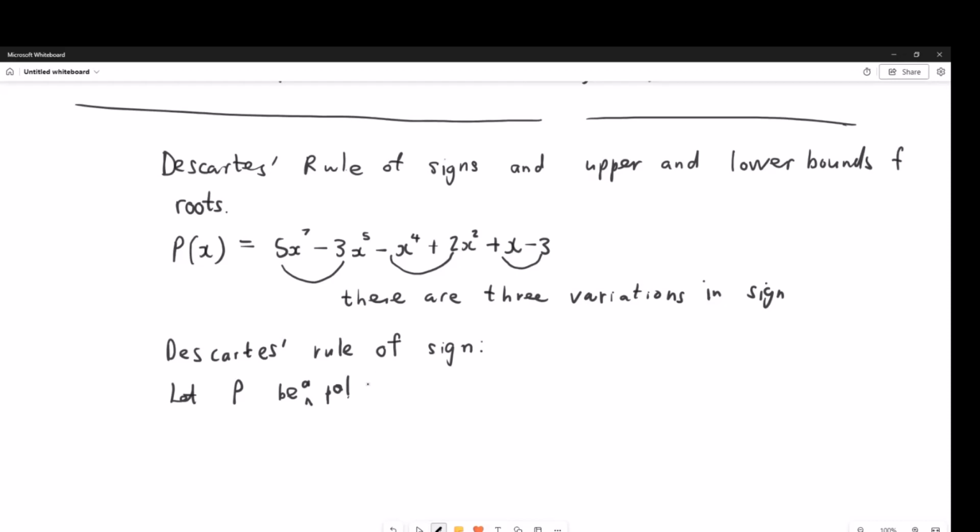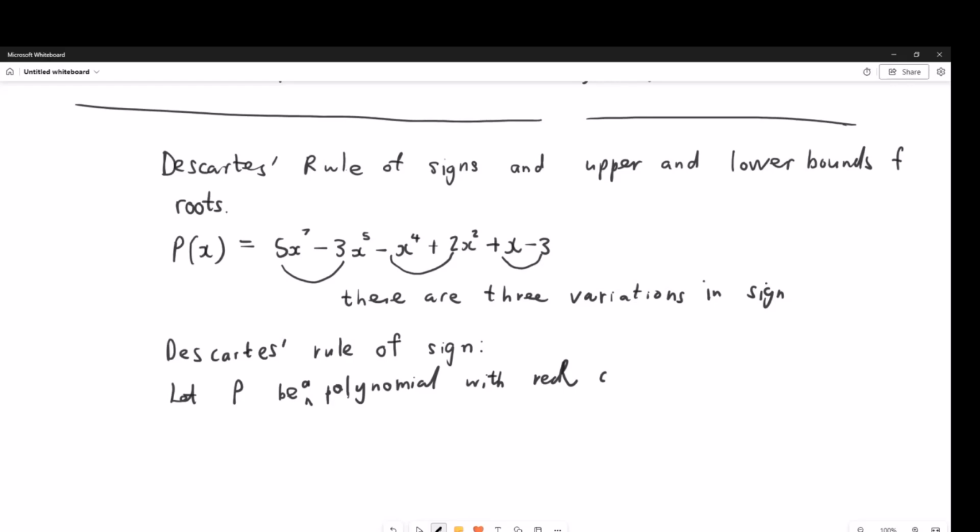I fixed up the software. So the coefficients are real numbers, right?